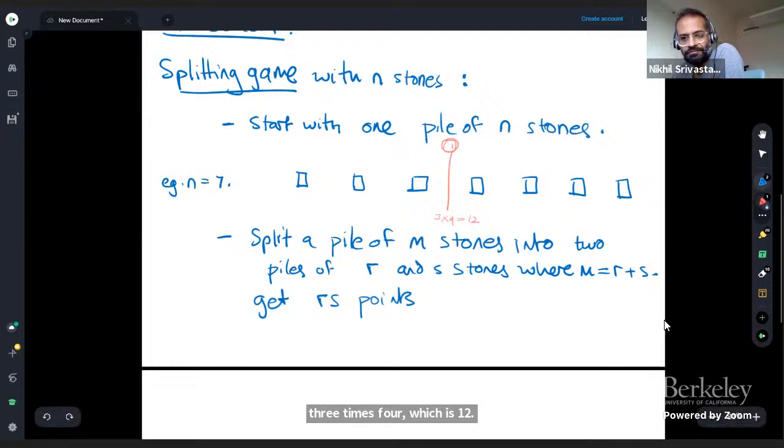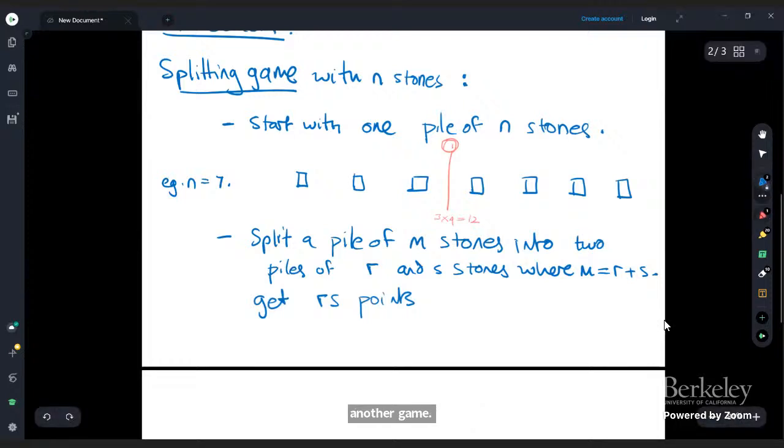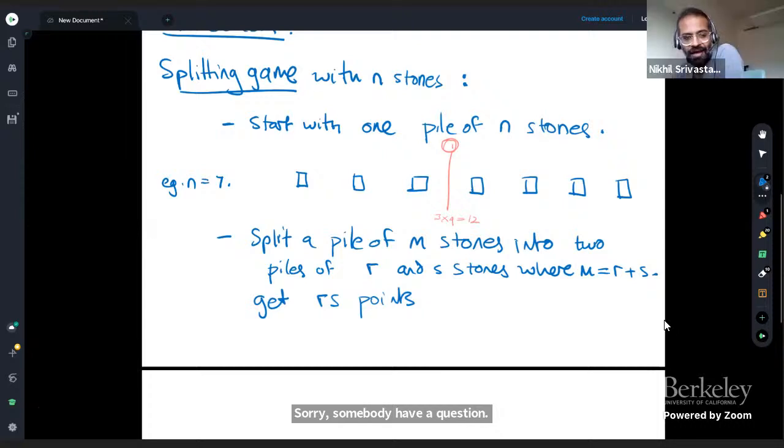And now the game. Sorry, does somebody have a question? Shouldn't that be n stones? No, it should be M stones. M could be any number such that there's a pile of that number.